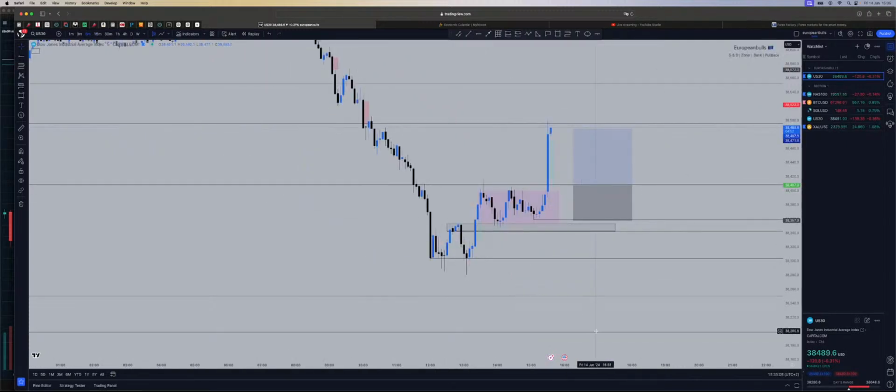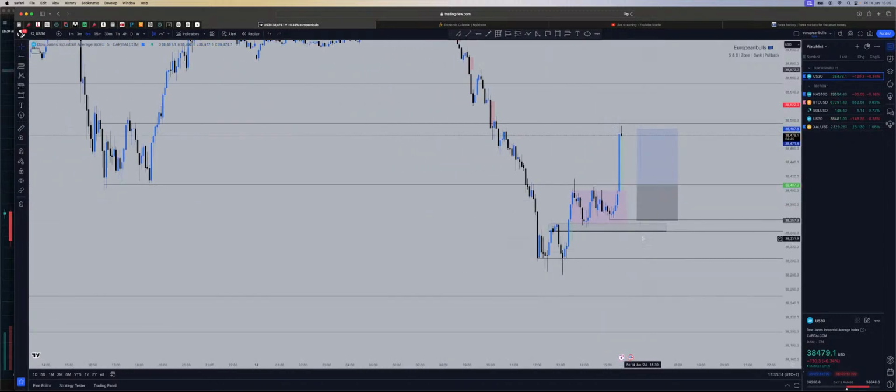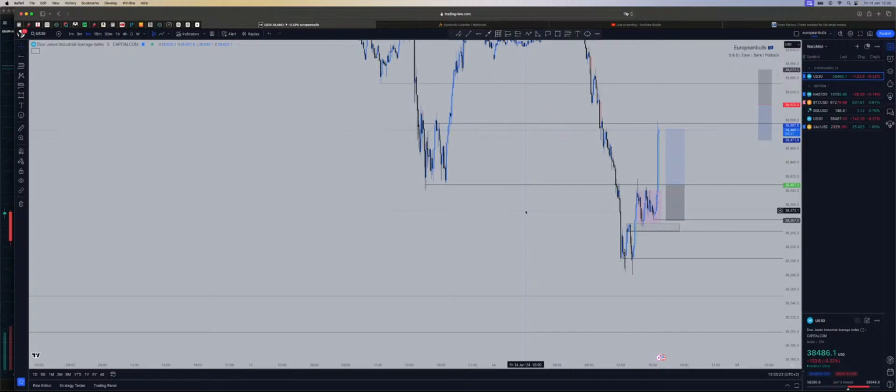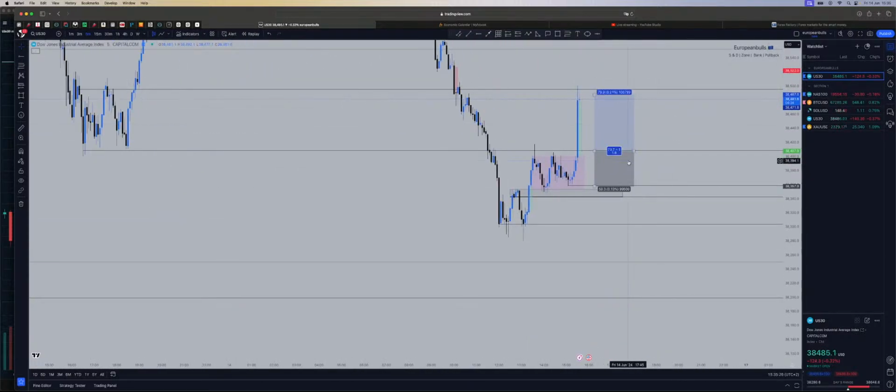The candle has closed very bullish. Now let's see if it gives us a chance to enter with the retracement. It might not, because it seems like, we will see. We will have to wait.